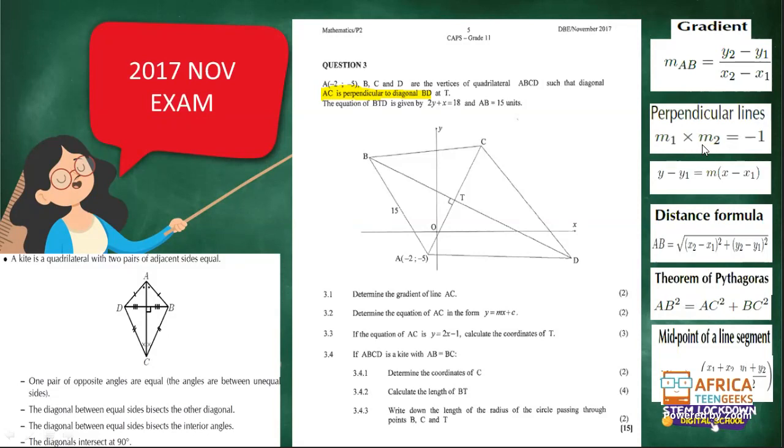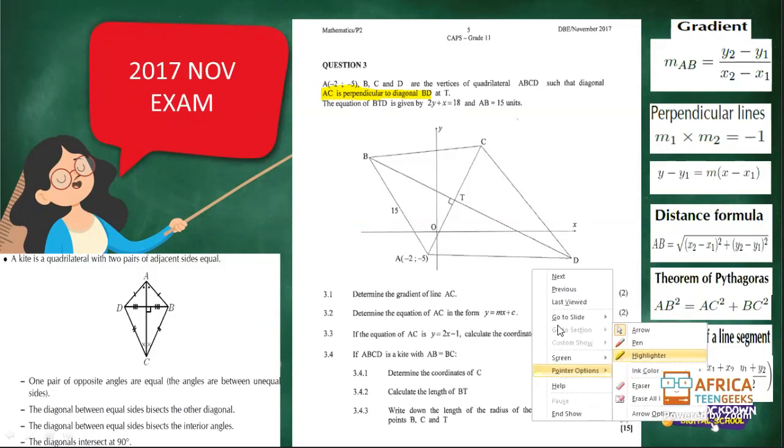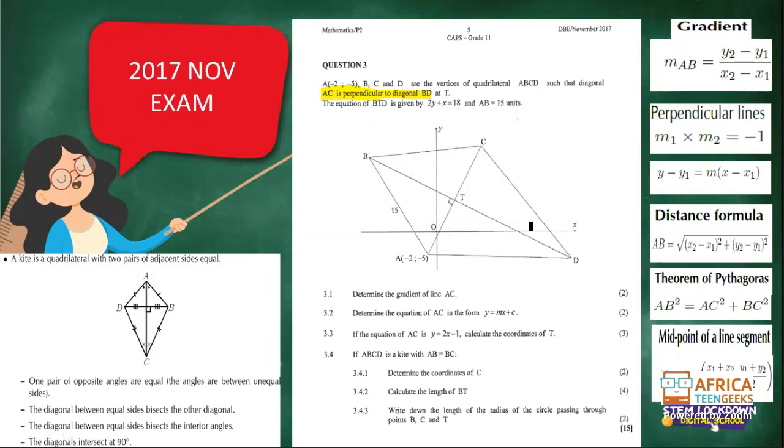The product of their gradients is equal to -1. And we get the gradient of BD from our equation.